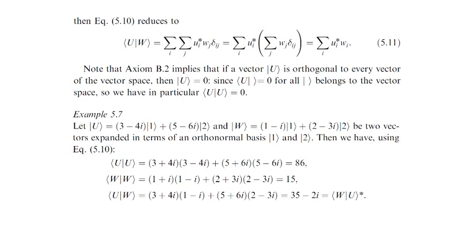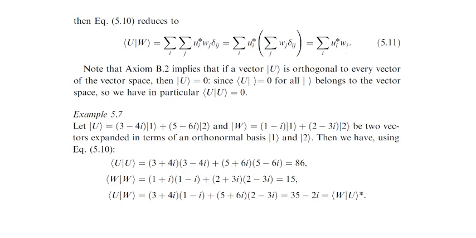The Kronecker delta function takes a value of 1 only when the indices are the same, that is when i equals j. So this selects the value of wj when j equals i, and you get the inner product of u with w as the summation of ui star wi.